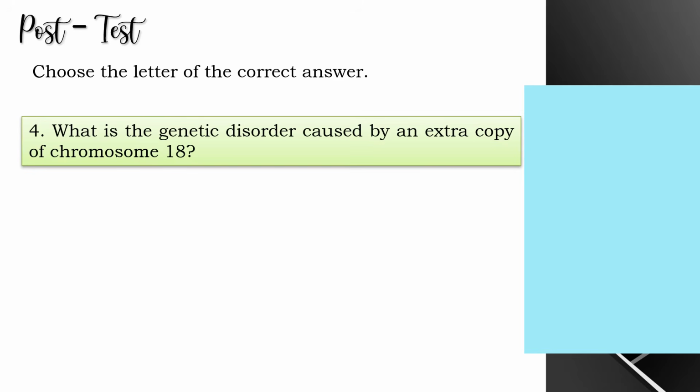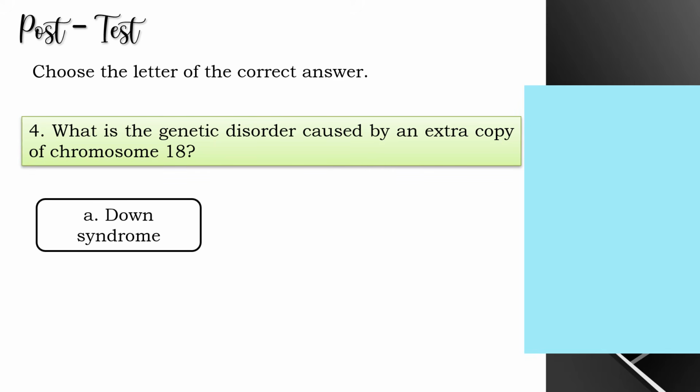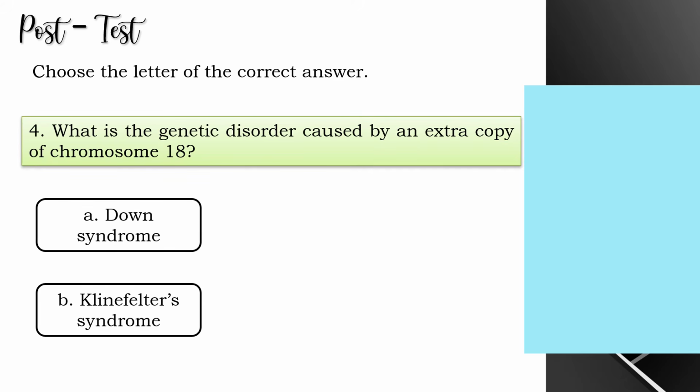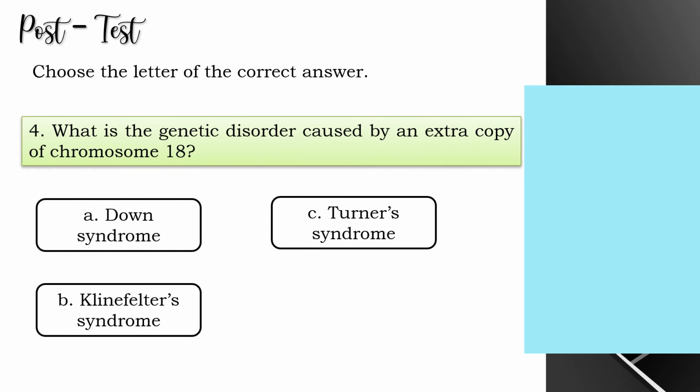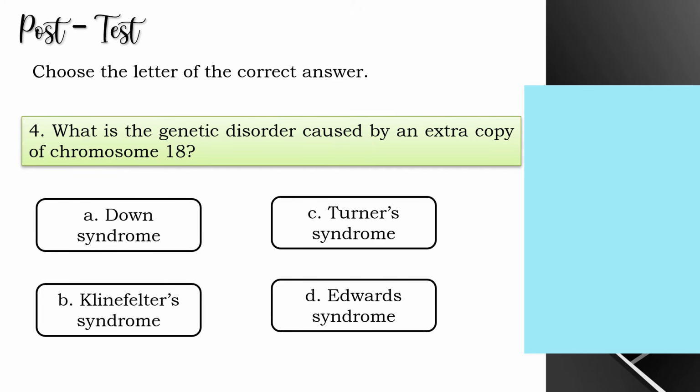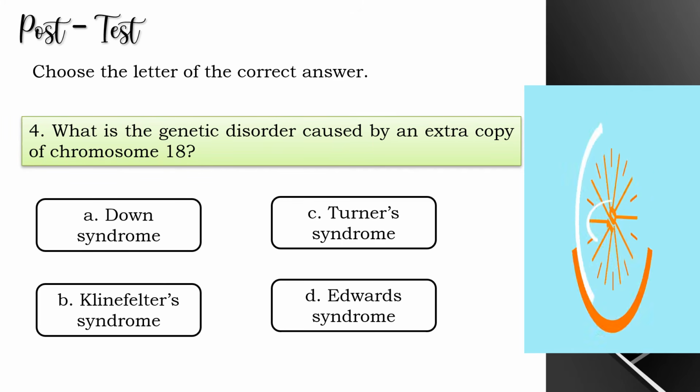Let's have number 4. What is the genetic disorder caused by an extra copy of chromosome 18, or also known as trisomy 18? A. Down syndrome, B. Klinefelter syndrome, C. Turner's syndrome, letter D. Edwards syndrome.